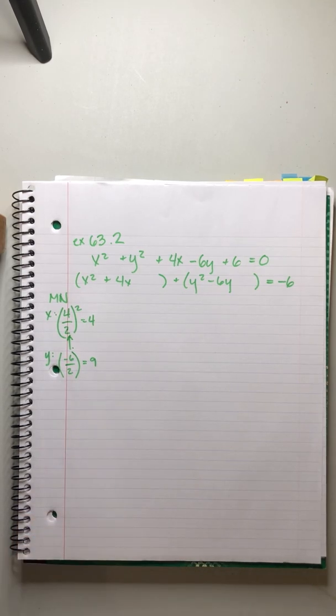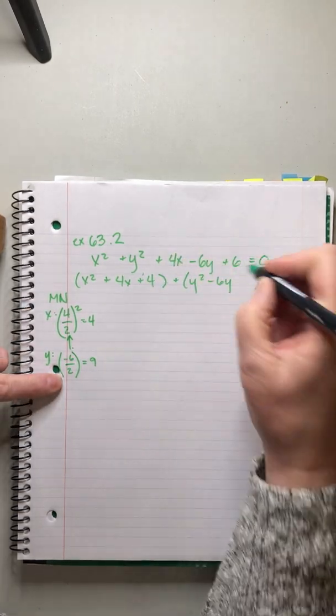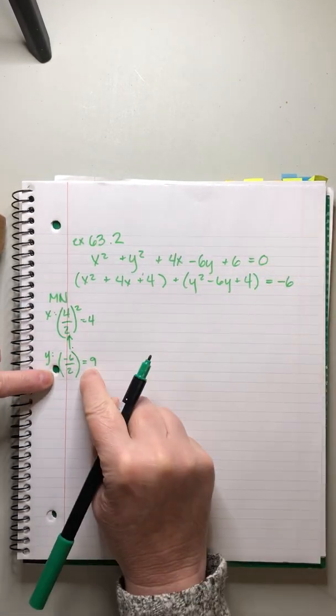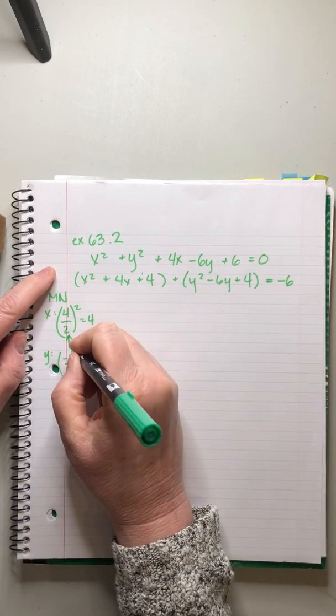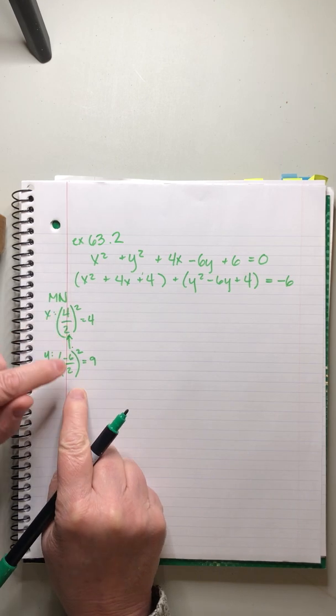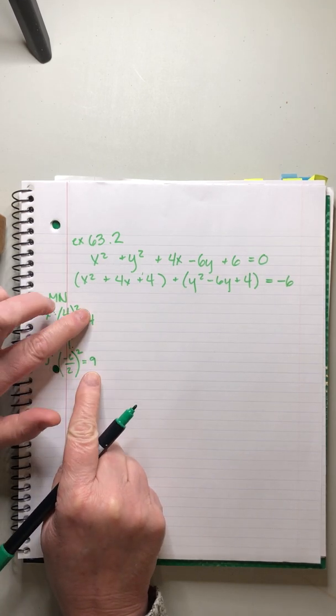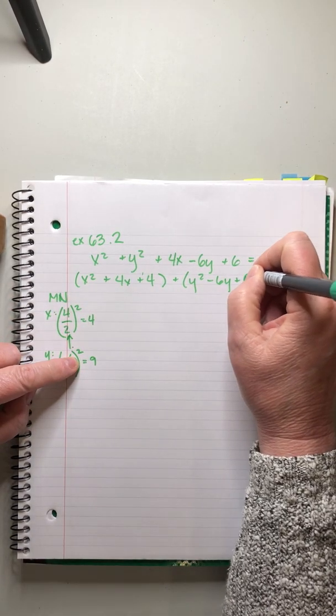All right, so now we want to add 4 here, and we want to add 9 here. Remember, these magic numbers will always turn out positive because we're squaring. The number we actually write in the binomial may be positive or negative, but the magic number will always be positive. I wrote this wrong.